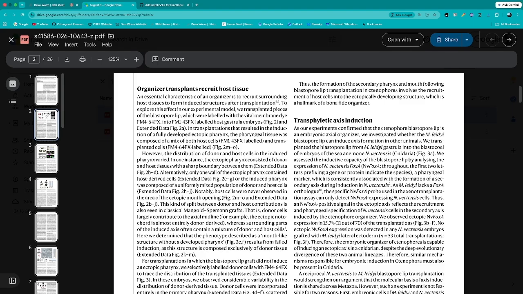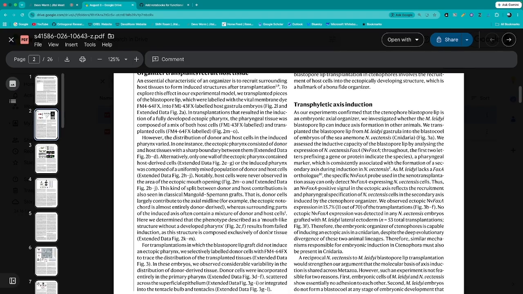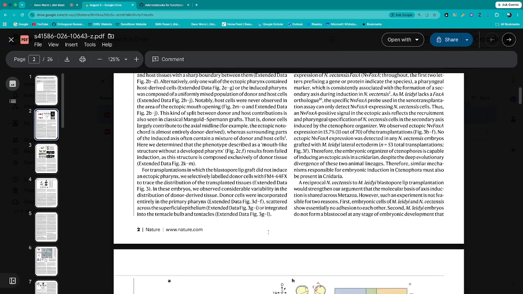That's kind of interesting, but not surprising given what we know about cell migration and shape transformations in embryogenesis. Okay, so that just talks a little bit about what happens in these transplantation experiments and the downstream effects.